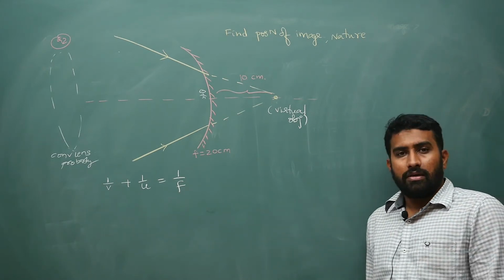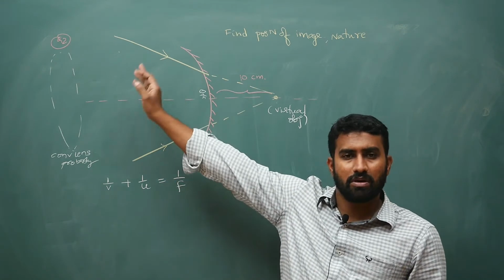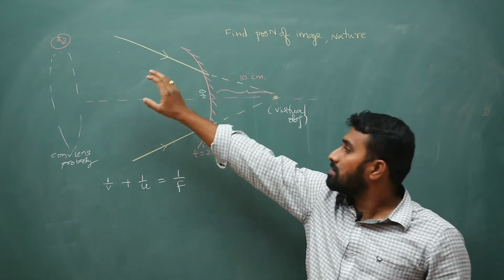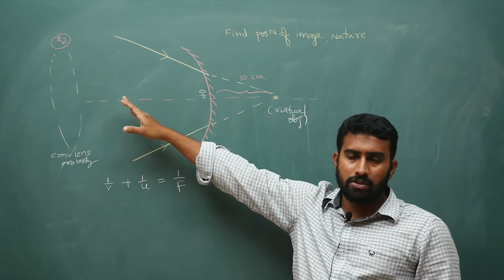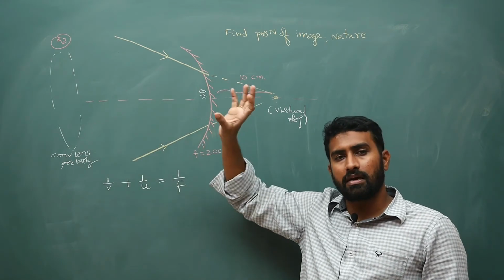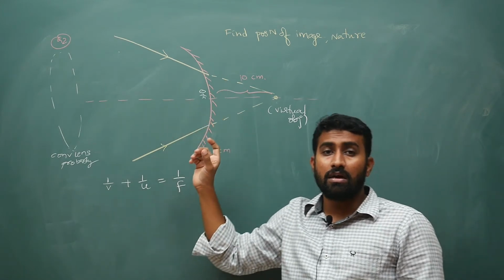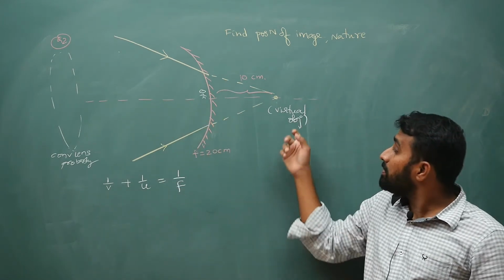So your actual object is very far probably, and in between lenses are there and they are converging. In such a case, your object appears to be here.